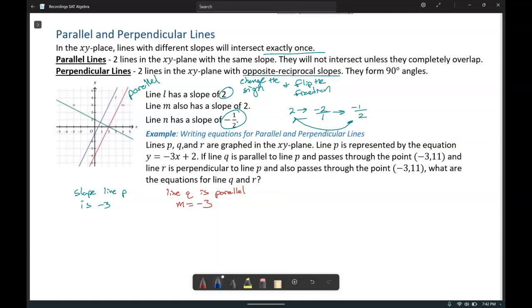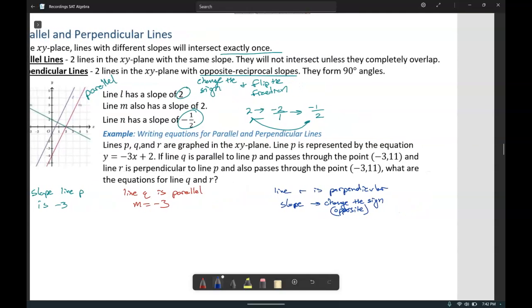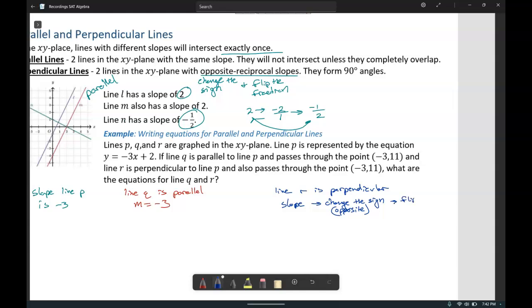But line R is perpendicular. Therefore, it needs to have a perpendicular slope. So for the slope, we need to change the sign to get the opposite, and we need to flip the fraction to get the reciprocal.